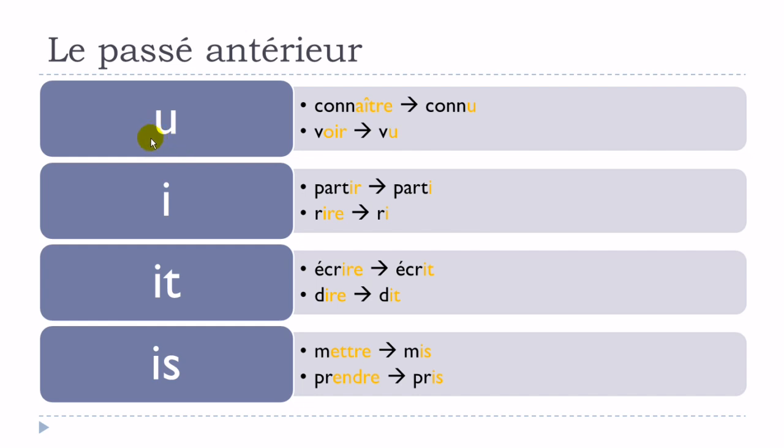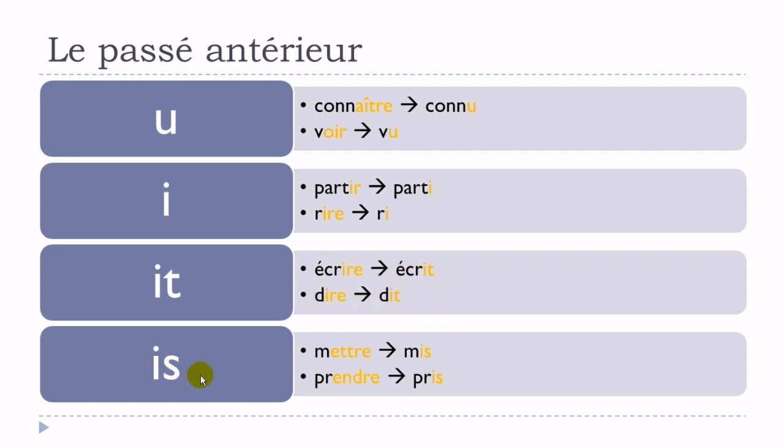So les participes passés qui finissent avec U, that will end with U. For example, connaître will become connu. Voir will become vu. Okay, and then in I as well. So partir will become parti. Rire will become ri. Okay, and then in IT, écrire will become écrit. Dire will become dit.